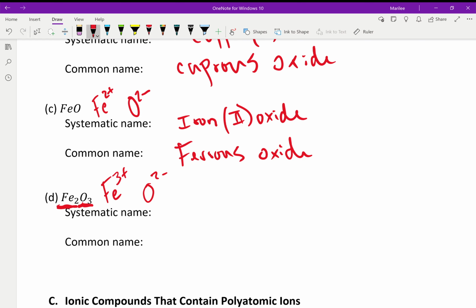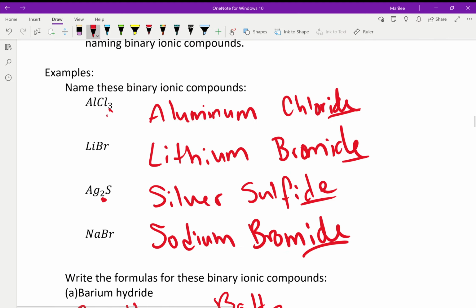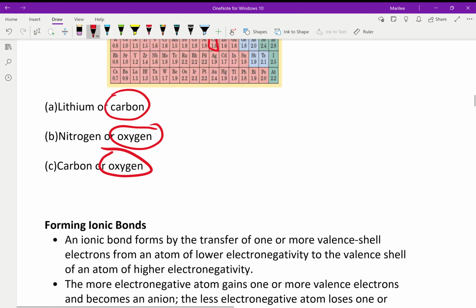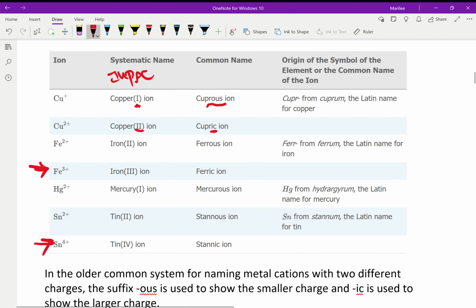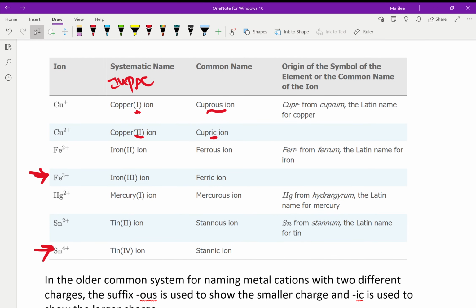So the systematic name, I didn't write here. We have it in the chart before. So we have our iron 3, which is ferric.